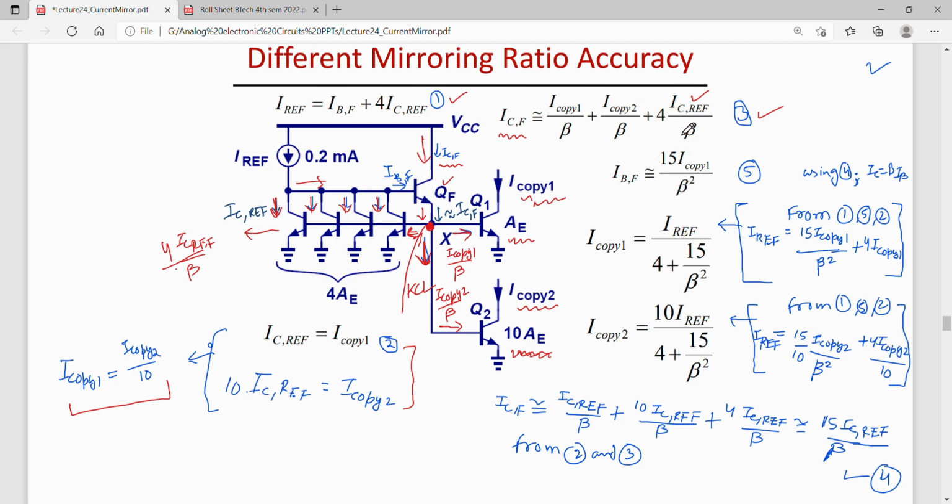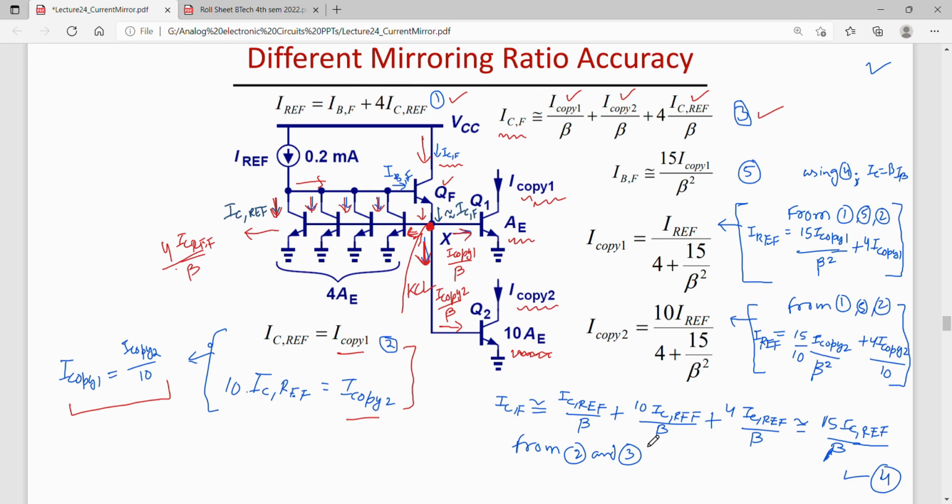Now I can write I copy 1 and I copy 2 in terms of IC ref. I can put I copy 1 as IC ref and I copy 2 as 10 times IC ref.